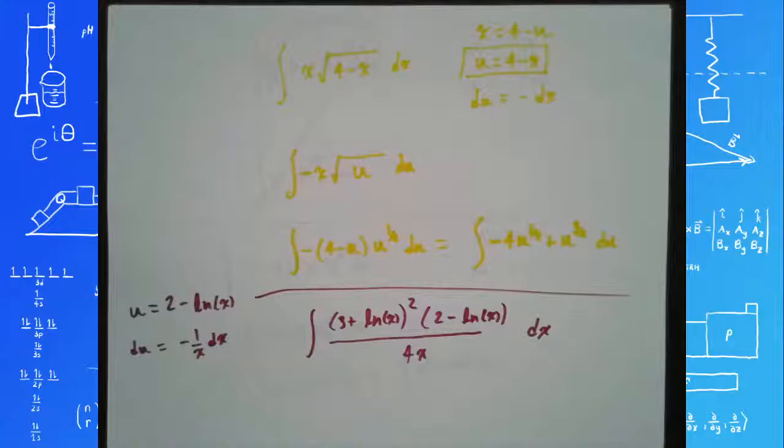And then that would leave us with 3 plus ln of x, quantity squared, times u, over, I guess that would become a negative 4 du. 3 plus natural log of x.